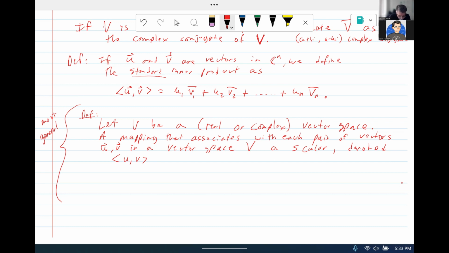It says a mapping that associates to these pairs of vectors in V a scalar denoted UV is called an inner product in V. I guess they're just calling this inner product a scalar. That's the most general term.